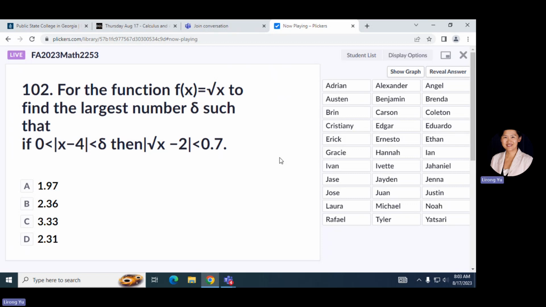So on the board we have a question. It's about the calculation of the definition of the limit, in the process of trying to determine or prove the limit. We have to find the correct delta. So let's review what we started yesterday: proving the limit of root of x as x approaches 4 is 2.